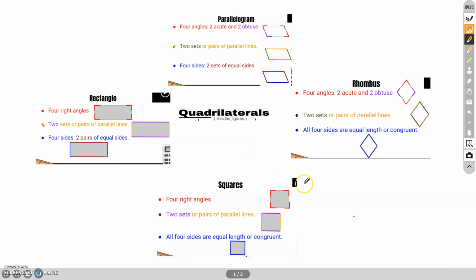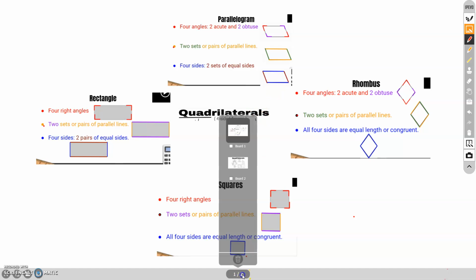All right, so if I would ask you which shape has two pairs of parallel lines, you would say a parallelogram, a rectangle, a square, and a rhombus. If I would ask you what are the two shapes that have four right angles, you would say square and rectangle. Okay, so we look at angles, lines, and sides when we talk about quadrilaterals.